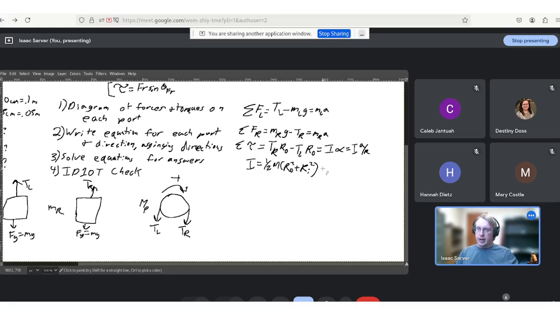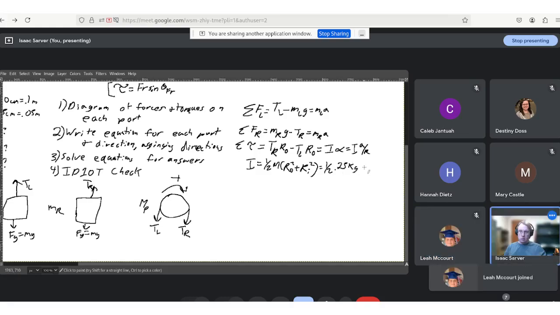Do I particularly care? Not yet. Might as well evaluate that. So that's one half m, a quarter kilo, times R inner, which is 0.1 meters squared, plus 0.05 meters squared.